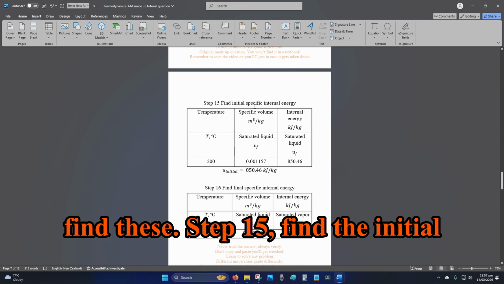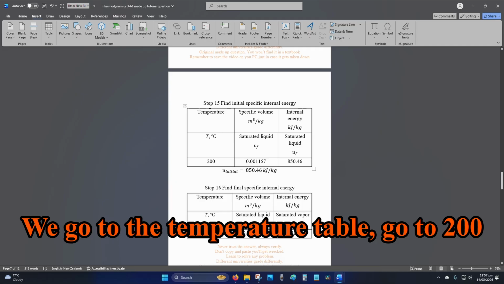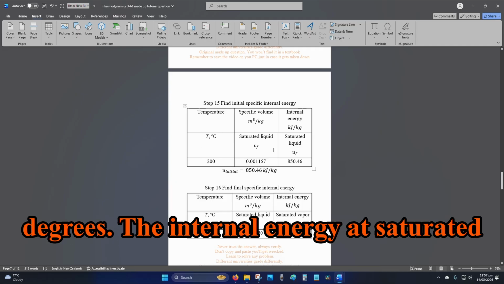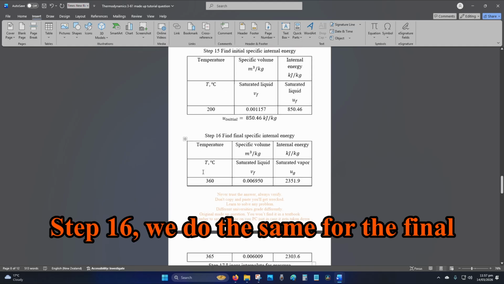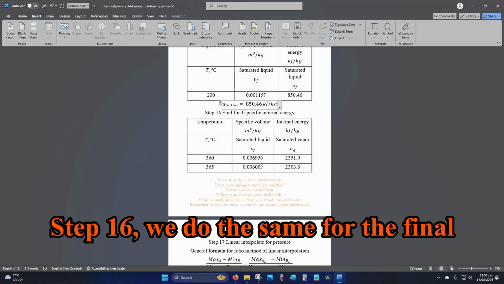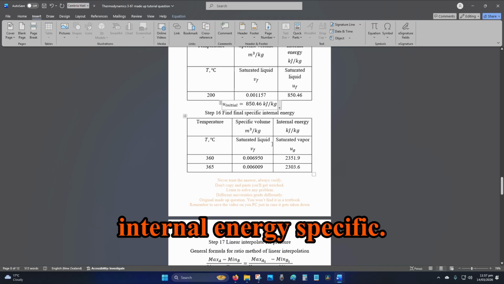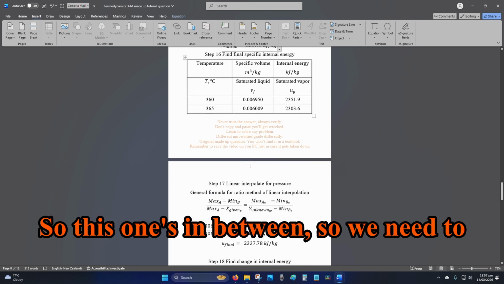Step 15, find the initial specific internal energy. We go to the temperature table, go to 200 degrees. The internal energy at saturated liquid is 850.46 kilojoules per kilogram. Step 16, we do the same for the final specific internal energy. This one's in between, so we need to linear interpolate.